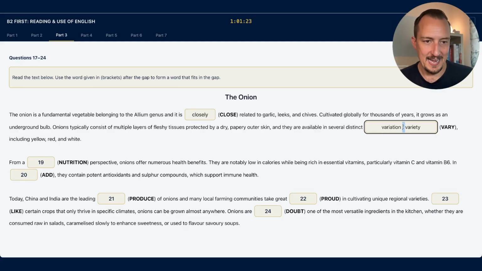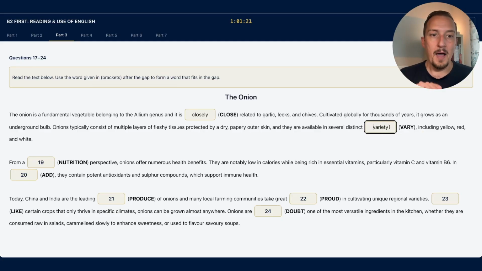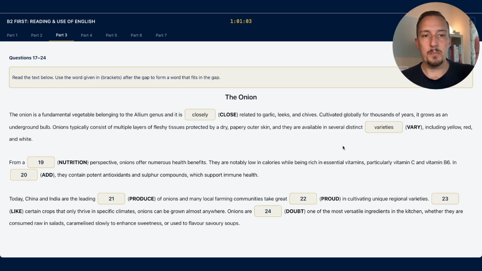So variety is the form, but it's not quite correct yet, because you might have worked out already that we're talking about more than one. So we need the plural form here, and the plural form is varieties. Drop the Y, add IES.